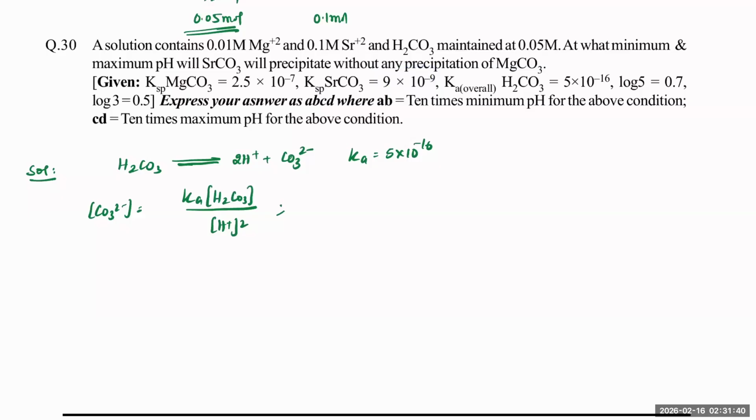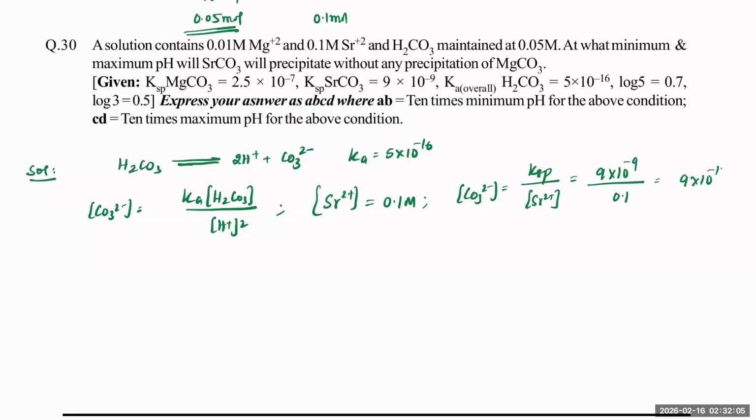Hence, when Sr2 plus concentration is 0.1 molar, the CO3 2 minus concentration will be equal to Ksp by Sr2 plus concentration, where the Ksp value given is 9 into 10 raised to power of minus 9, divided by 0.1. So 9 into 10 raised to power of minus 8 should be the concentration of carbonate.